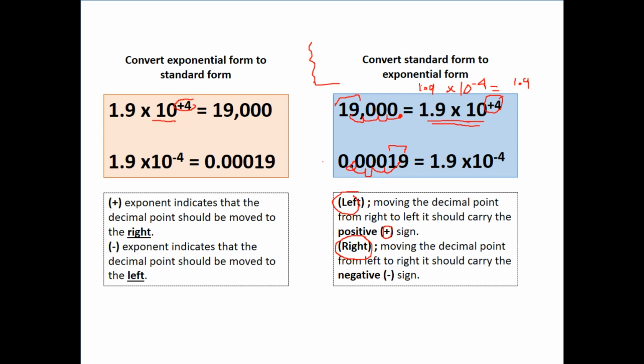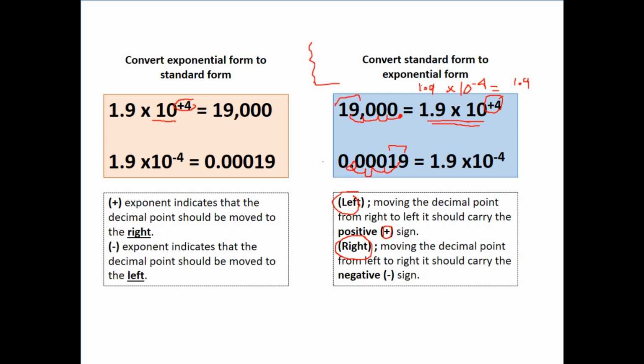If you are going to write this one with a negative sign, okay, we will follow. We have 1.9 times 10 to the negative 4. Please write it down if you cannot see my writing. So please follow: 1.9 times 10 raised to the power of negative 4. There is a difference between them.